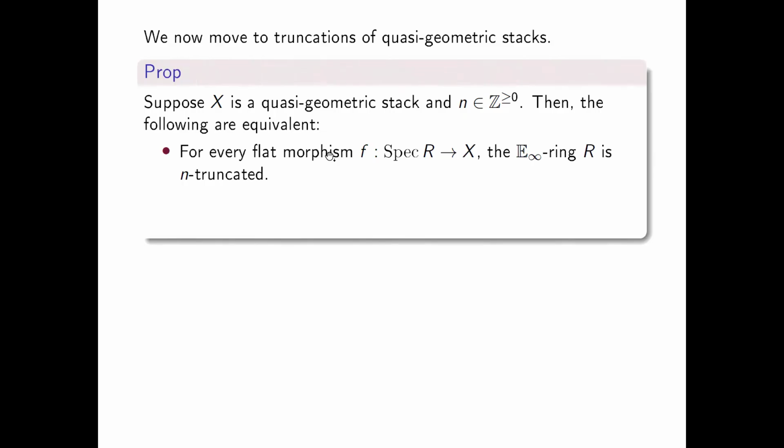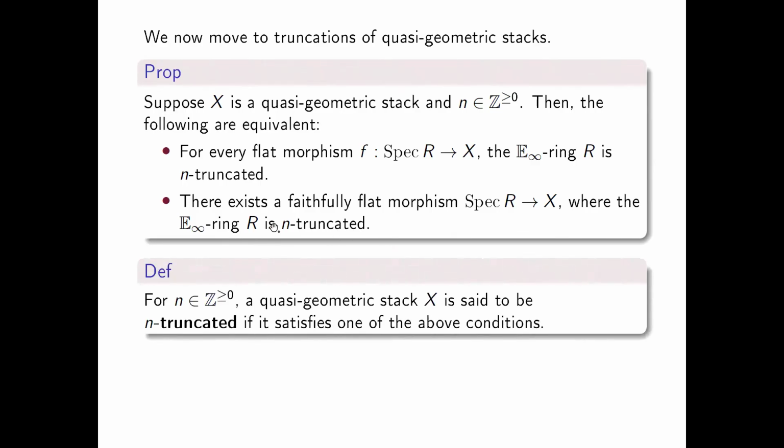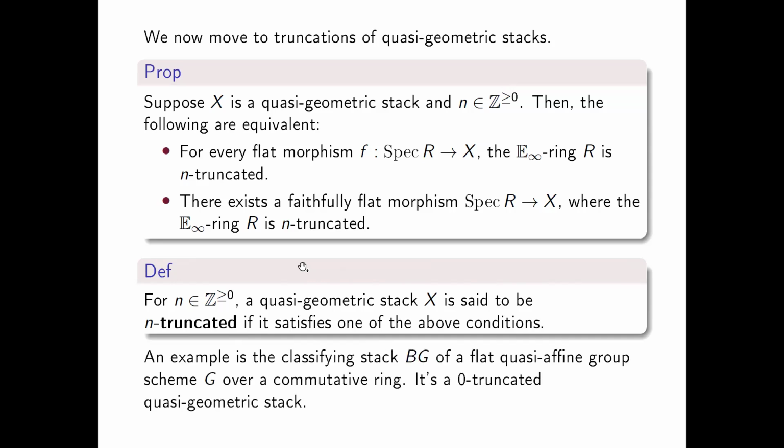For every flat morphism from spec R to X, the infinity ring R is n-truncated, and there exists a faithfully flat morphism spec R to X where the infinity ring R is n-truncated. So our definition will be: for any positive integer n, a quasi-geometric stack X will be said to be n-truncated if it satisfies one of the above conditions.